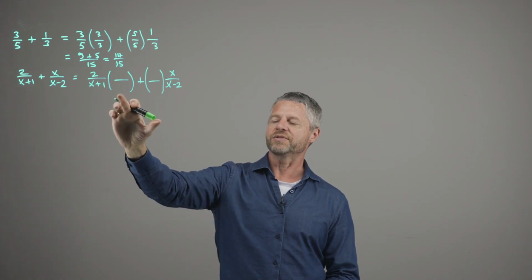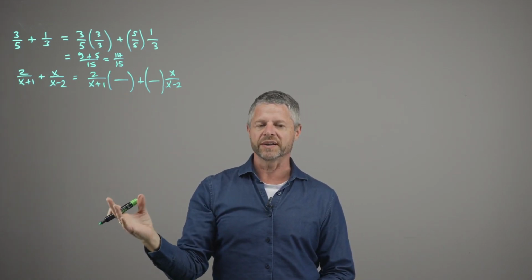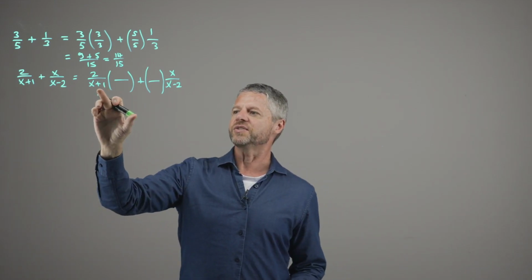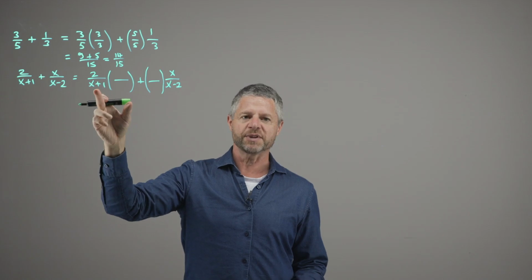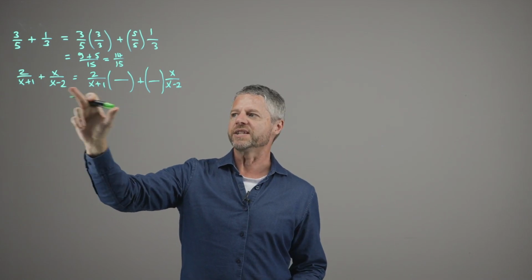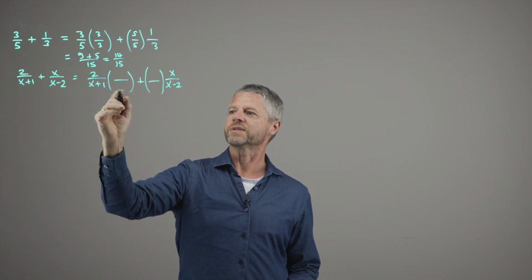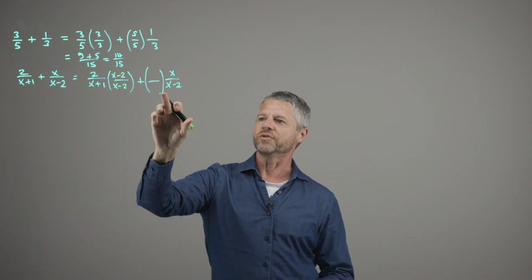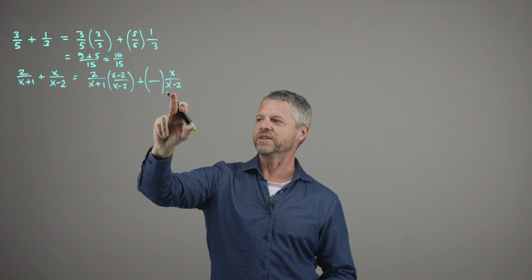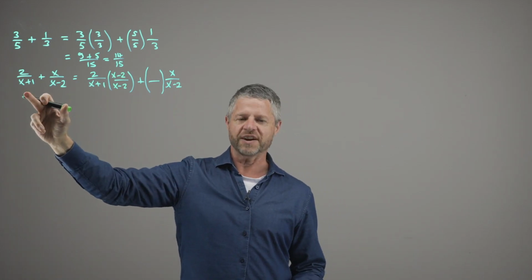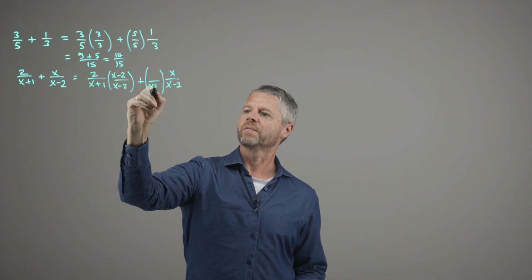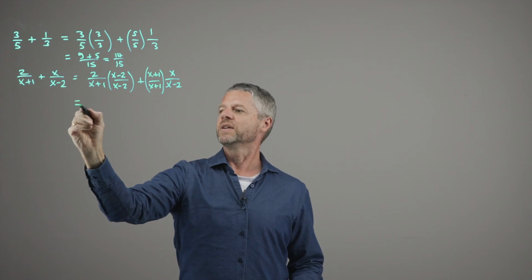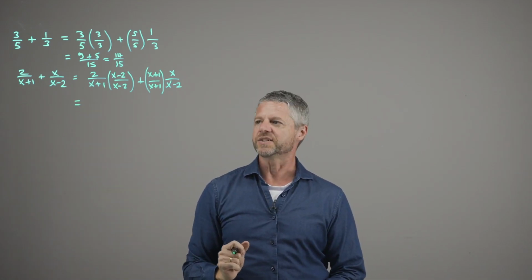We need two fractions equivalent to 1 that will allow us to work with common denominators. For the first rational expression, we look at the denominator of the other rational expression, so x minus 2. For the second, we look at the denominator of the first. And now we've got common denominators.